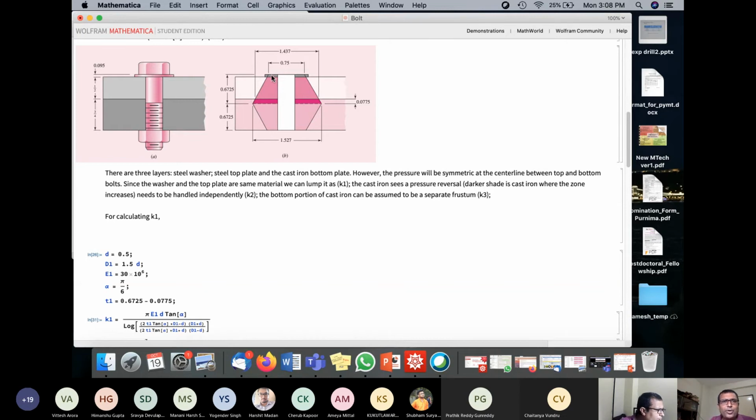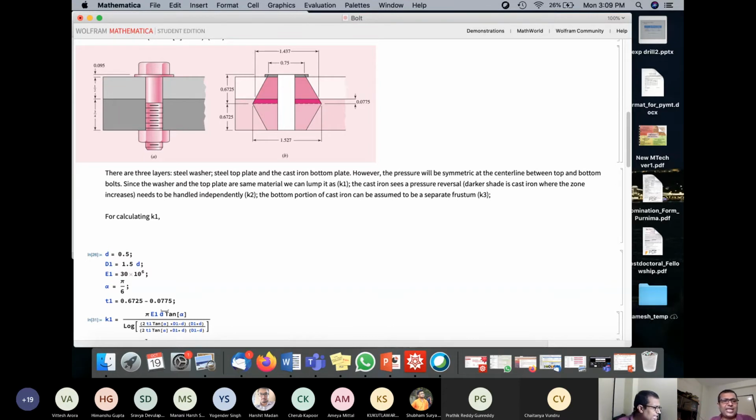So I have some portion which is basically the washer, and all the portion of steel, which is the washer 0.095 plus half inch will be this point. If you want to understand what that will be, you can also find it out: it will be 0.6725 minus 0.0775, which is basically from the top of this point to where the steel ends.